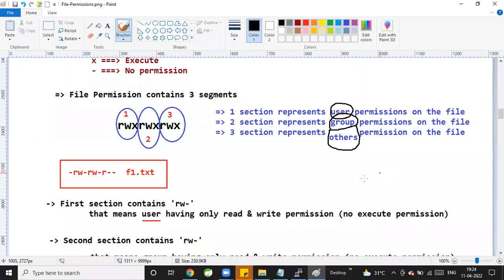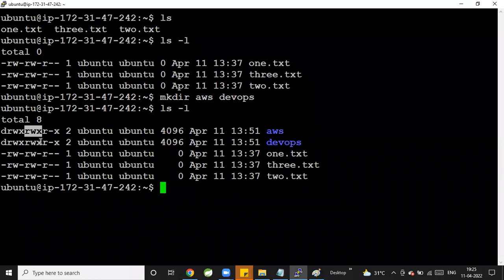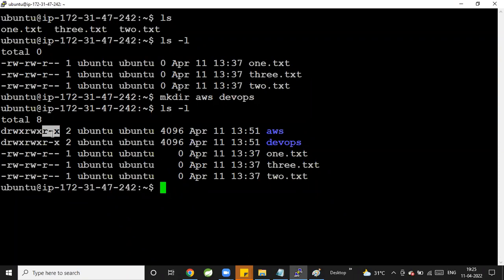Are you guys able to understand what is happening here? D, directory file. RWX, first section, user permissions. RWX, second section, group permissions. R-X, third section, it is others permission.